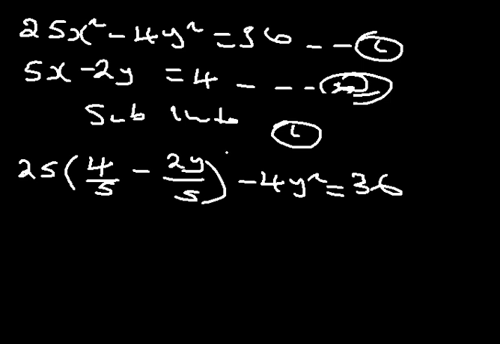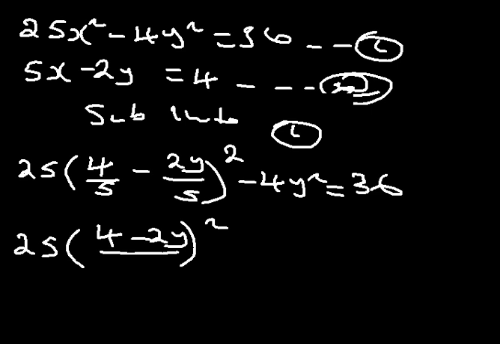This is the same as 25 times (4 minus 2y) squared over 5 squared, minus 4y squared equal to 36.